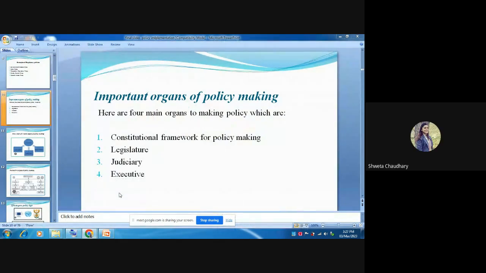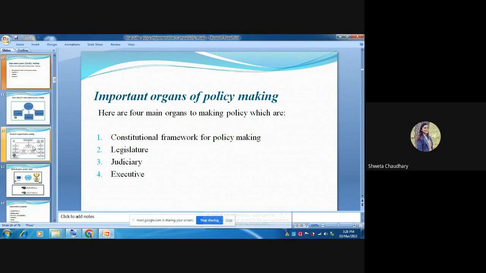Okay. Then important organs of policy making. There are four main organs of policy making: the constitutional framework, legislature, judiciary, and executive. It means we have to make a policy that is designed by the government of the country. What is the legislature of the government? What is the judiciary framework of the government? For the executive framework, we move to the next slide.